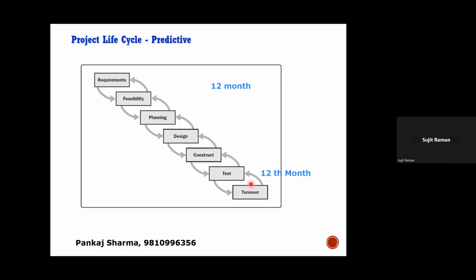Now, on the 12th month, when you give a demonstration of your working product to the customer, the customer says, I wanted a sedan car, and you are giving me a hatchback car. Is it likely to happen or not? You have given your requirement, right? Don't you think, Sujit, a working deliverable is a primary measure of success?